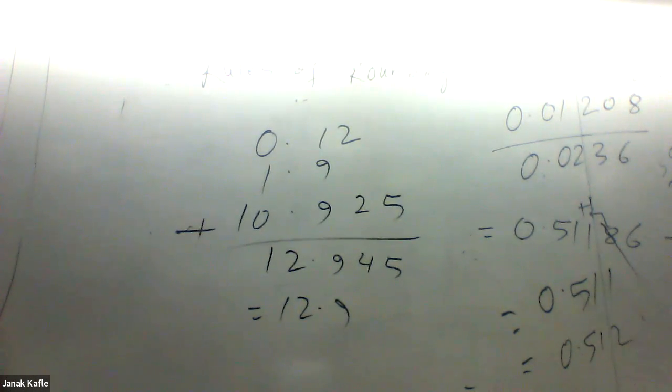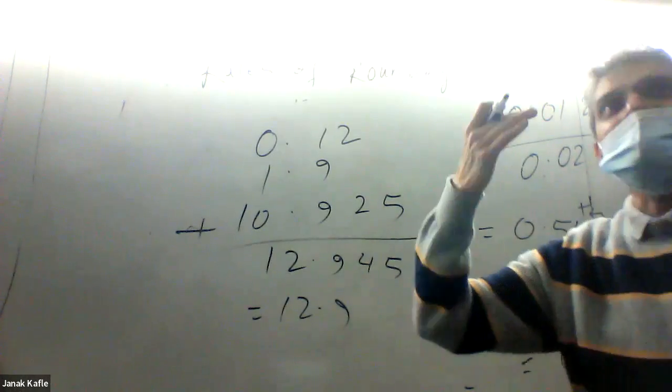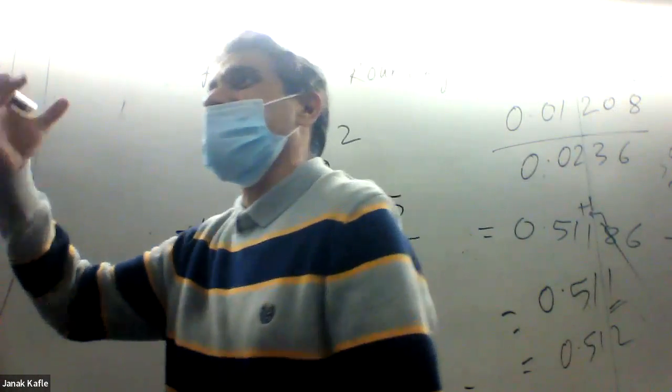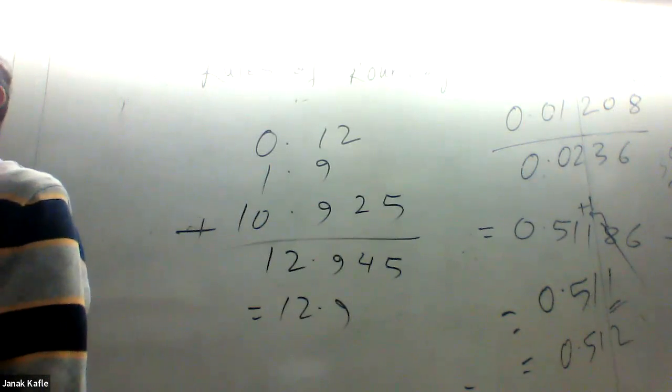But you really don't have to do something like this. If you write this, that's okay. 0.511 and 0.512 for me are basically the same number. Everybody got that? So rather than rounding, looking at and counting the significant figures is important in this course.